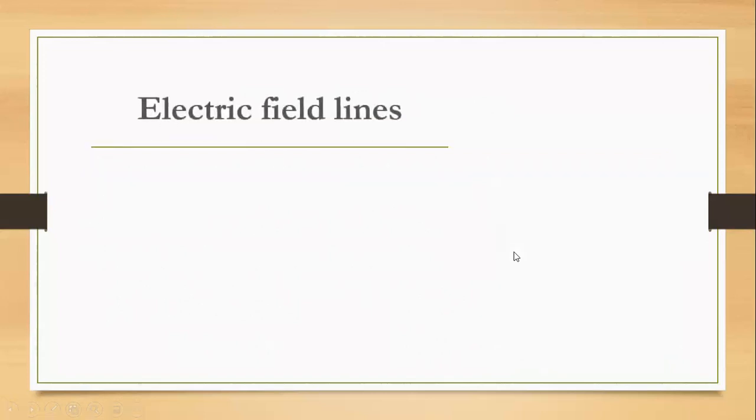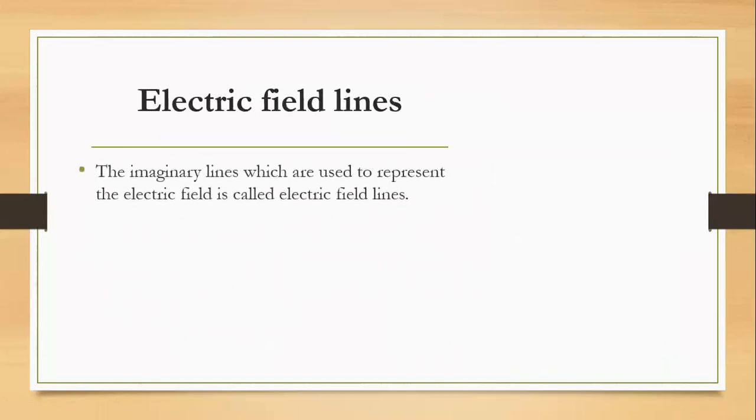Now what are the electric field lines? The imaginary lines which are used to represent the electric field are called electric field lines. Dear student, as I told you, there is always some kind of space or region around the charge that is called the electric field. Now there is always some mechanism to represent that electric field.